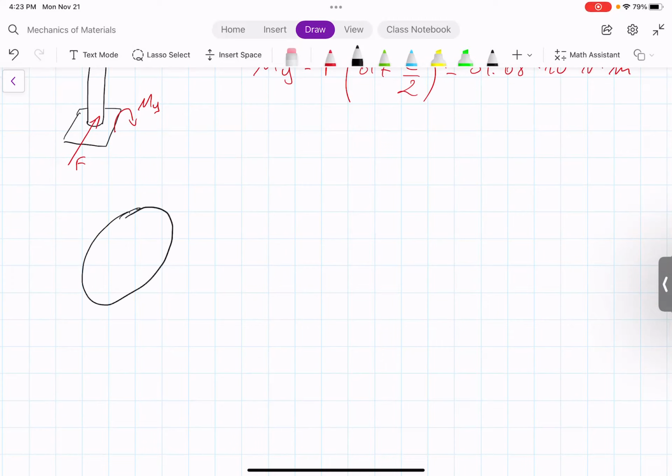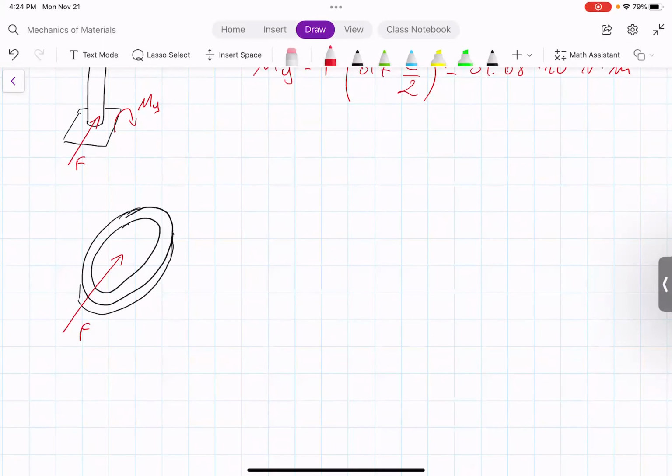If this is a zoom view of the cross section, basically we have a certain force that goes in this direction here, and this is a shear force because it is transverse to the cross section.